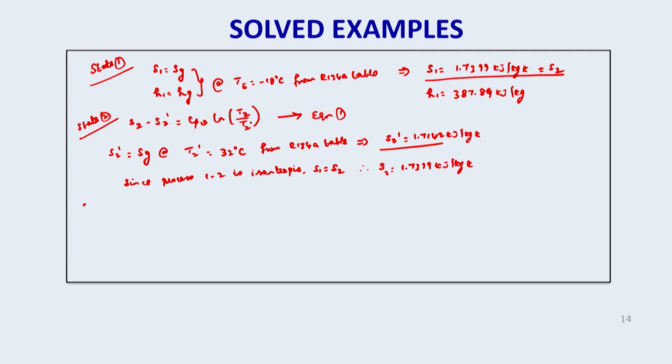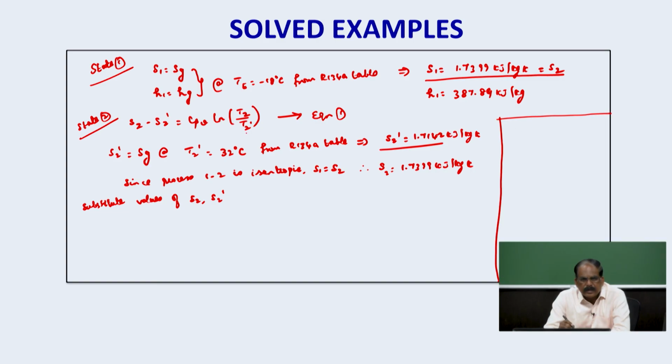Now, substitute the values of S2 and S2 dash. Before that, we have to find out the Cp of vapor. Since the temperature T2 is unknown, we cannot find the average of T2 and T2 dash.